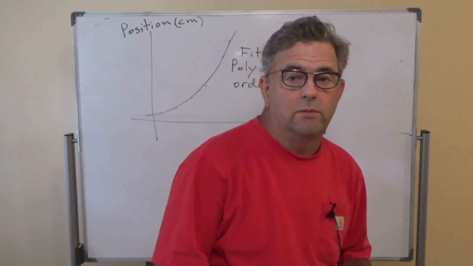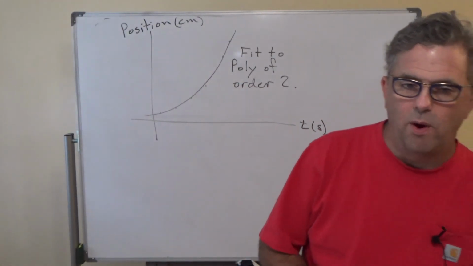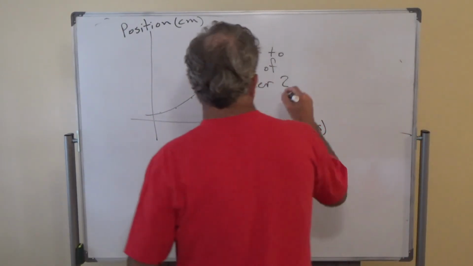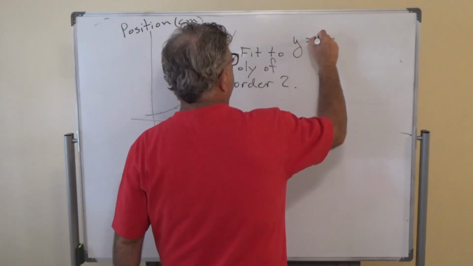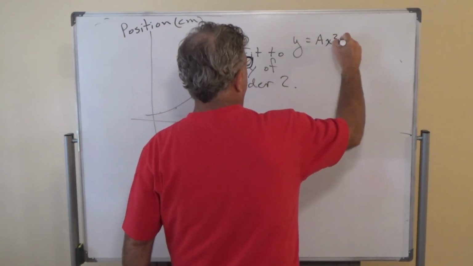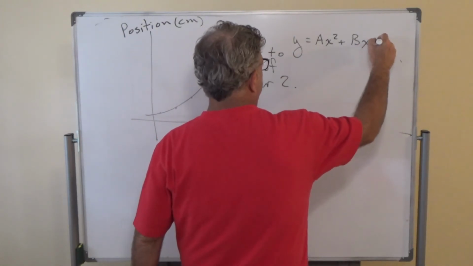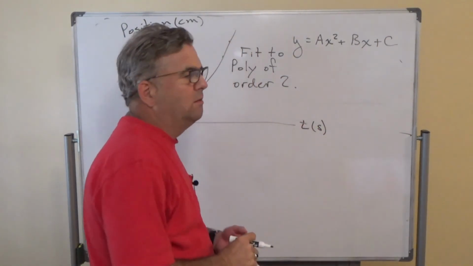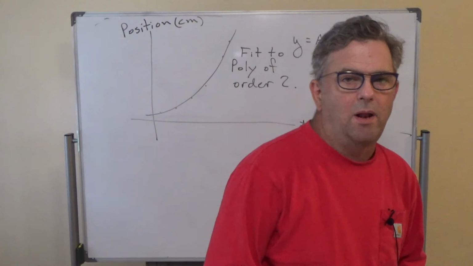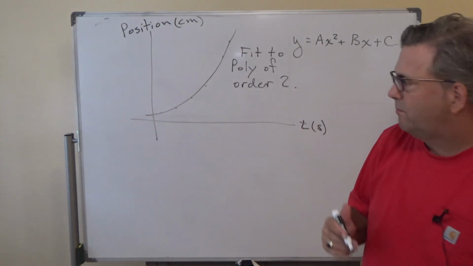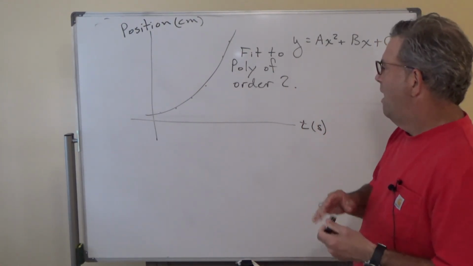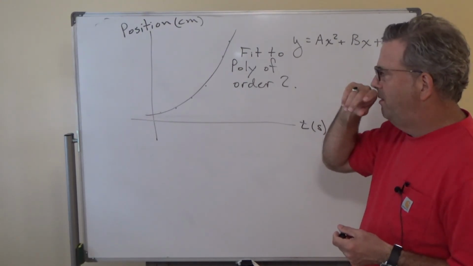Display the equation. You're going to get an equation of the form y equals ax squared plus bx plus c. Okay, it's going to be a second order polynomial. I think that's all you have to do with that one.